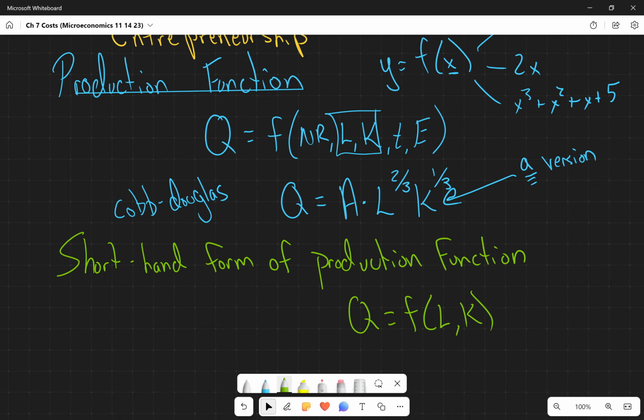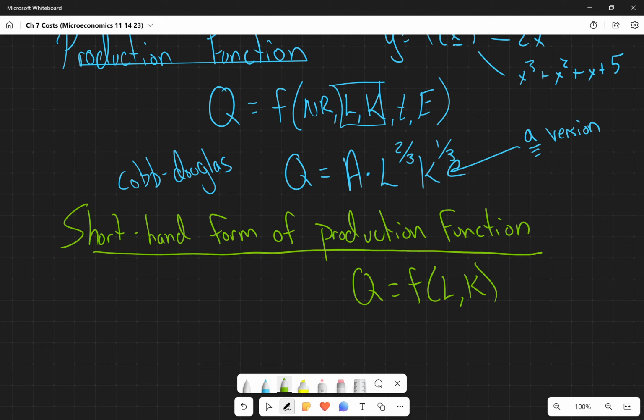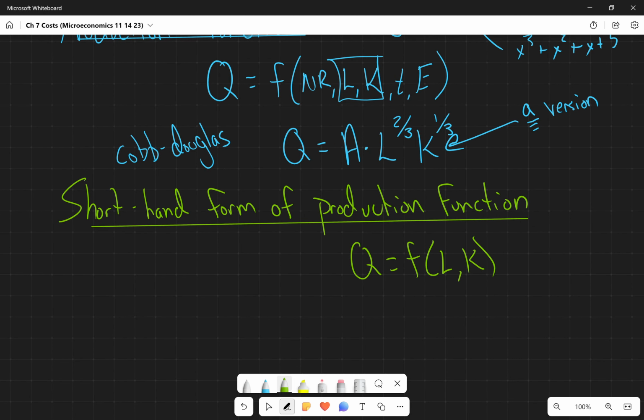When we are talking in this shorthand form of production functions, we are going to be talking about fixed and variable inputs. For the most part, our capital is going to be our fixed inputs. Fixed inputs are inputs that can't easily be increased or decreased in a short period of time.